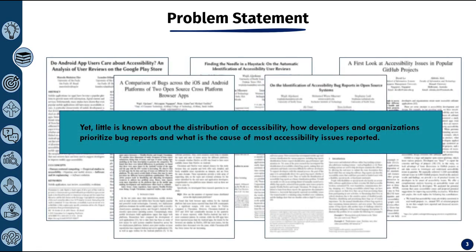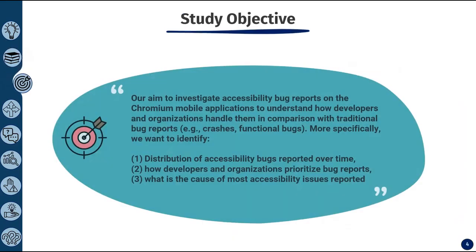As you see, previous studies focused more on automating the identification of accessibility reports, yet little is known about the distribution of accessibility bug reports, how developers and organizations prioritize them, and what the causes of most reported accessibility issues are.